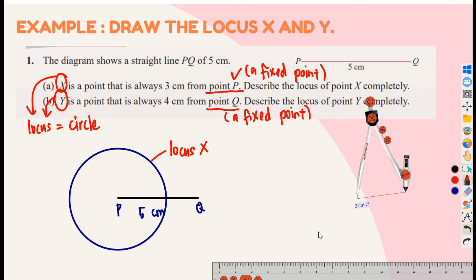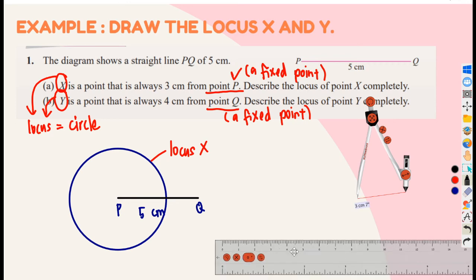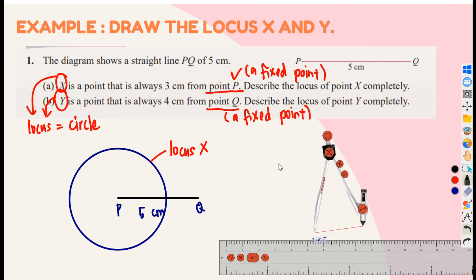Same thing, you need to take your ruler first, and then take your compasses.